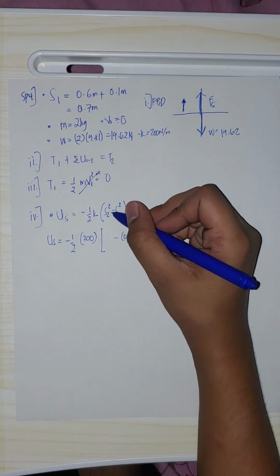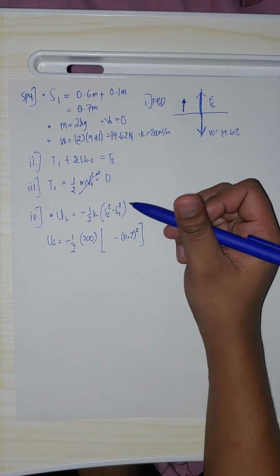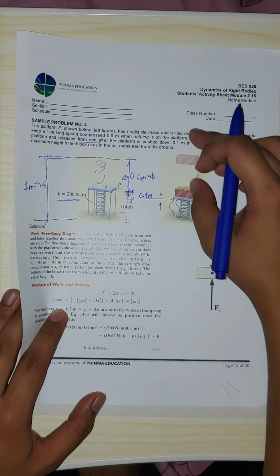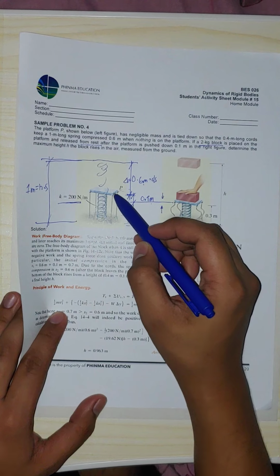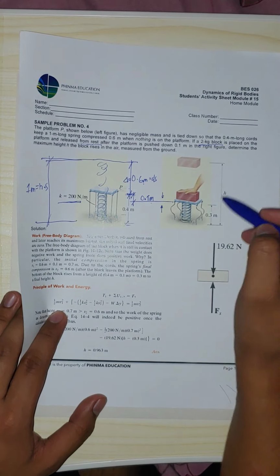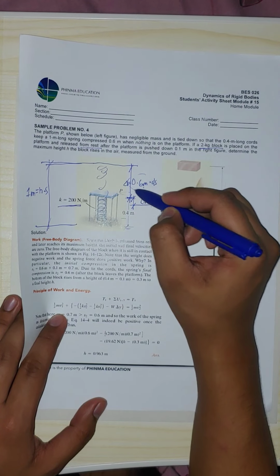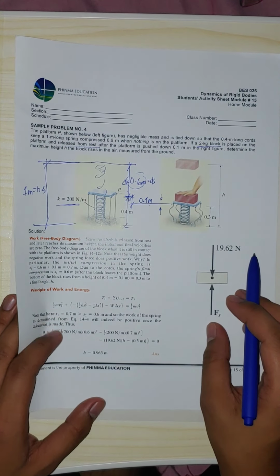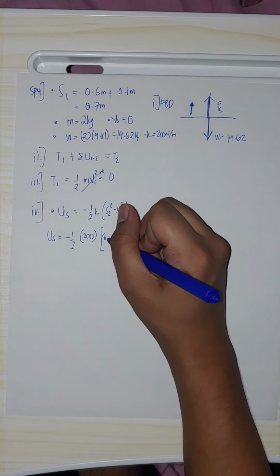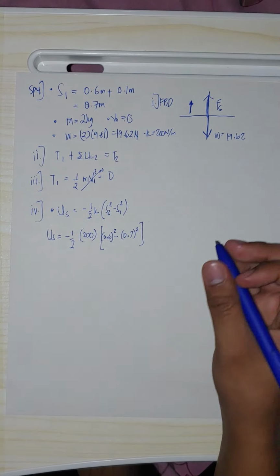And then what is our final displacement? Our final displacement is when it returns to its original position. So this is 0.4 from the ground, or the final displacement will just be equal to 0.6. So our final displacement is 0.6 squared.